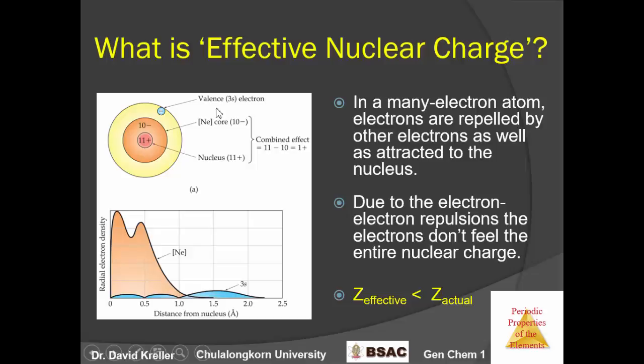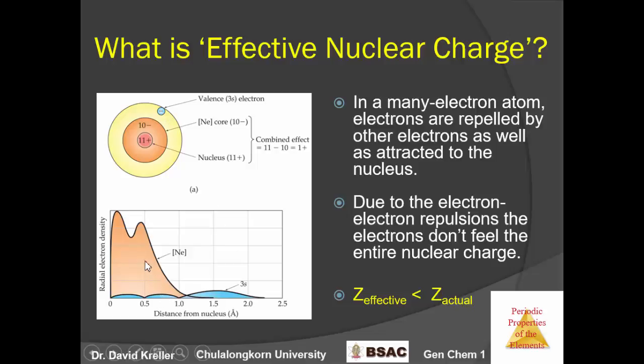There's a quick and easy estimation of effective nuclear charge. It's basically the atomic number, or the entire charge, 11 in this case, minus the number of inside or core electrons. That would be 11 minus 10 is 1. That would be the effective nuclear charge felt by this outermost electron in the 3s shell.